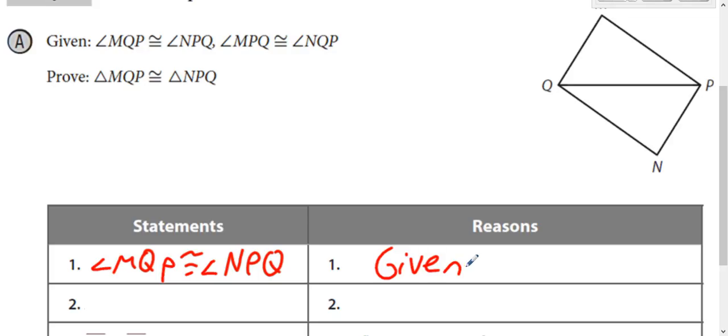And then we mark it in the triangle. So you're going to find angle MQP, that's that angle right there that we just traced out, and NPQ, that's this angle over there.